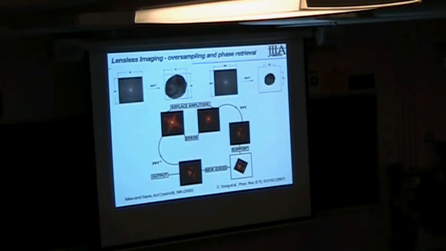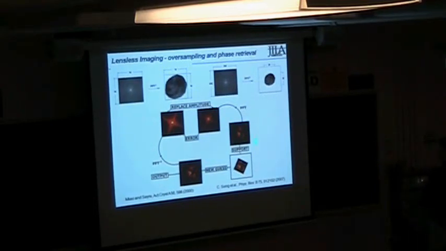Basically, the way that we do it practically is we measure this intensity pattern, which must be oversampled. Then we don't know the phase yet, so we apply some guess. There are certain ways that can give you a good guess, or you can just apply a random phase, and the algorithm still usually works.